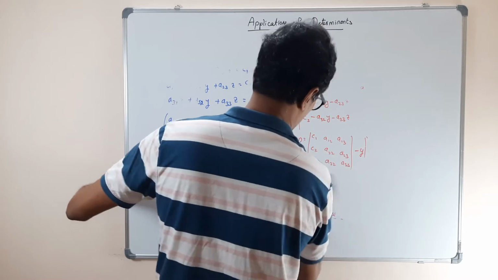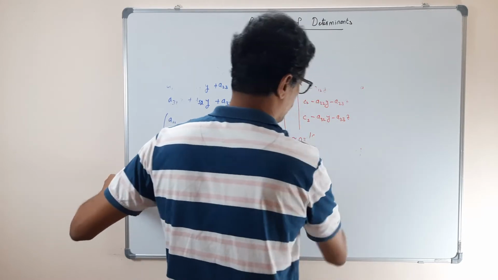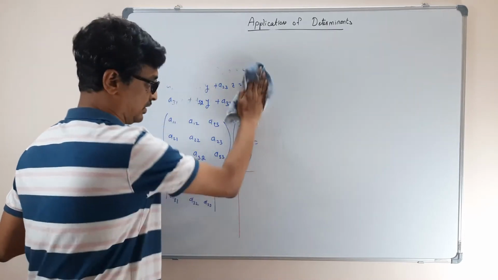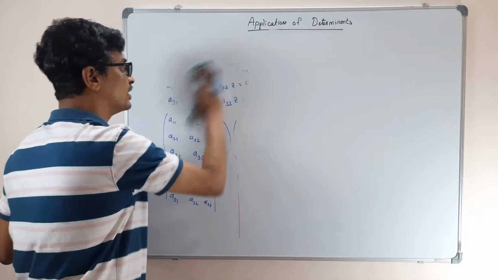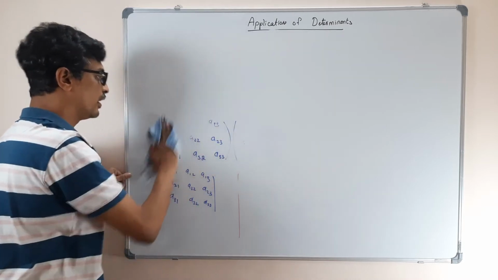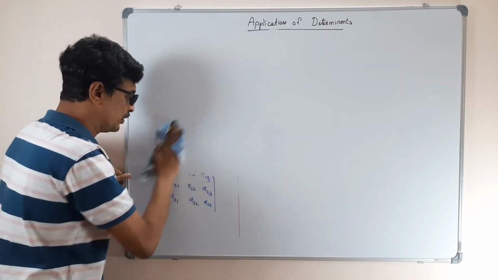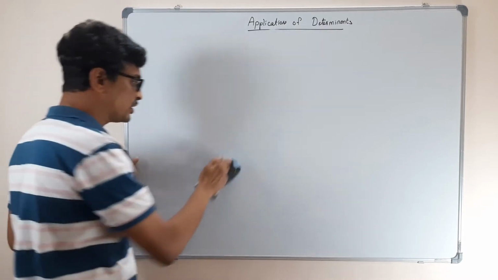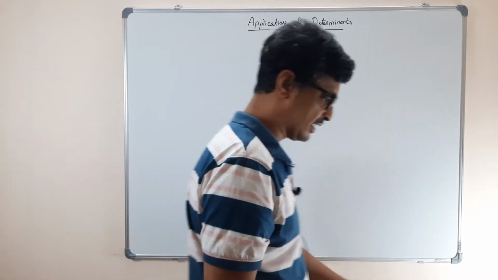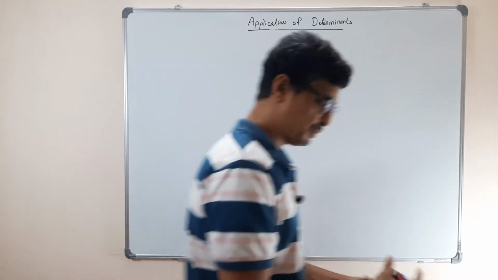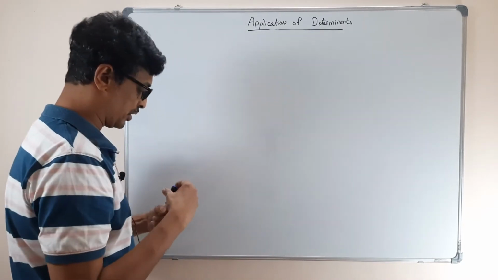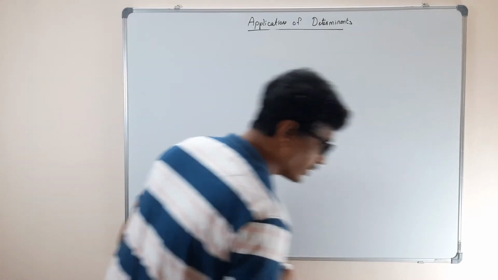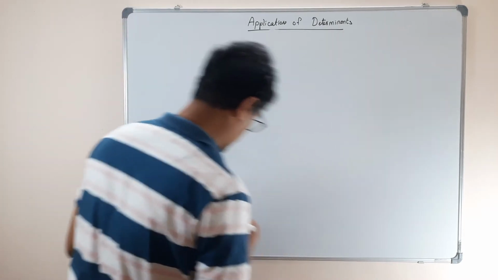What they have given in the book is, if I give you linear equations in 2 variables, and if I have given you 3 equations, then for the 3 equations to be consistent, how to put it? Okay, fine. Let me tell you. So, the consistency of 3 equations in 2 variables.